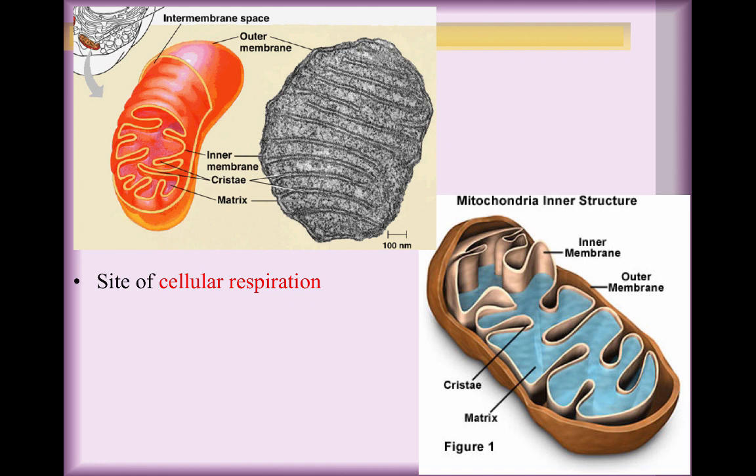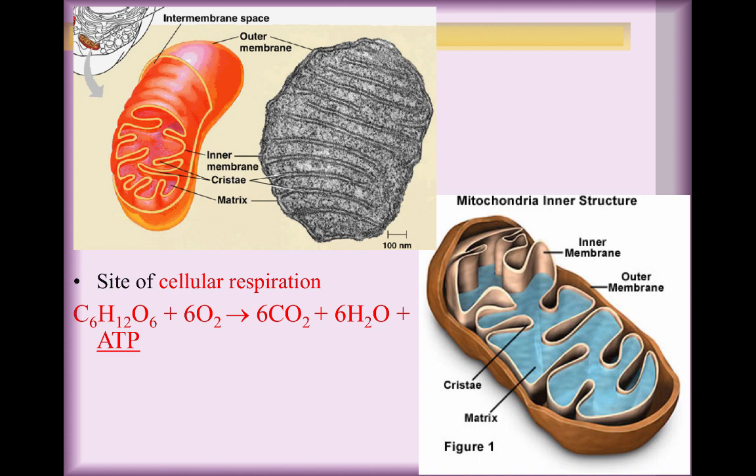And I do want you guys to know the overall reaction for cellular respiration. And if you're kinesiology students, I ask you this all the time, and I want you to be able to tell me what it is. C6H12O6 is often identified as glucose, and yes, that's the correct formula for glucose, but this is also the formula for fructose and galactose. Those are all isomers, and so they're very similar.